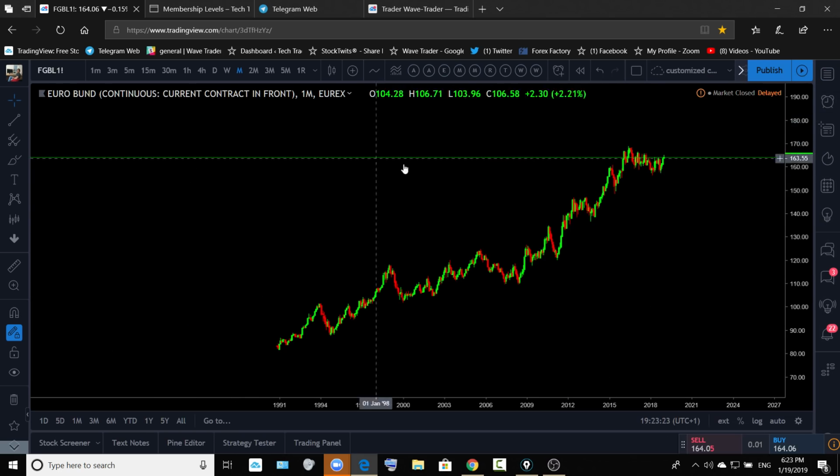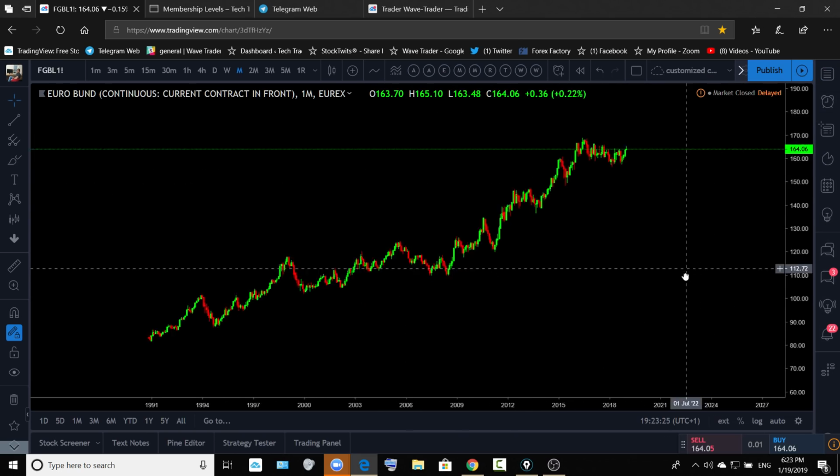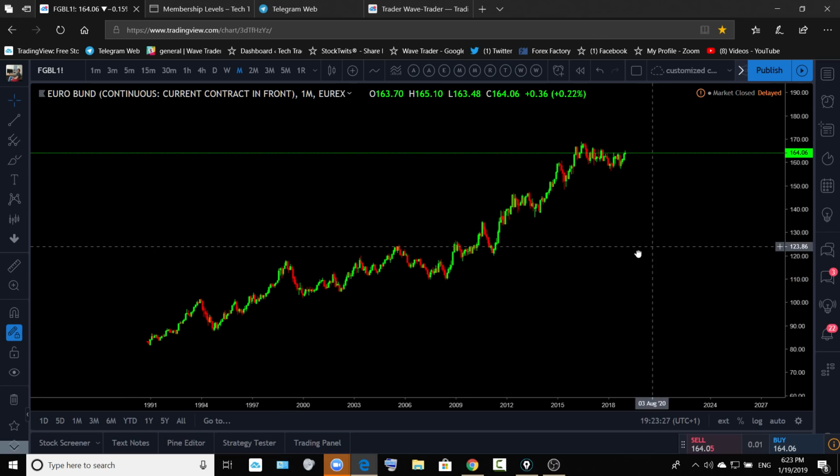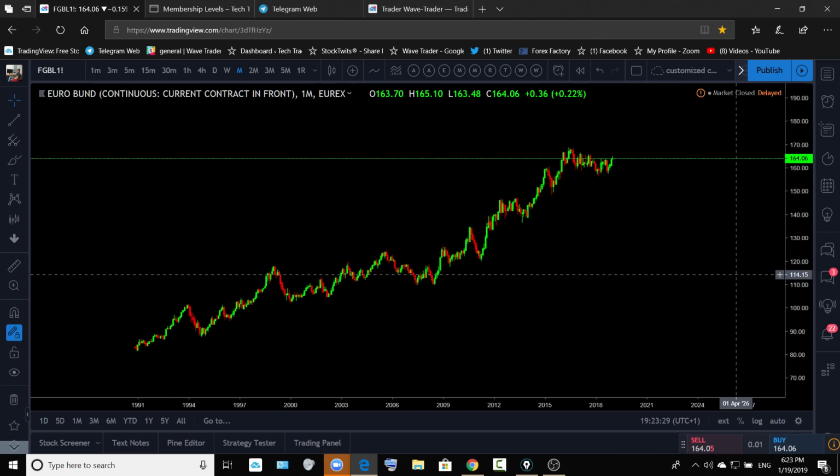So there is a clear trend on your monthly time frame. Just look at that. These are the corrections. There is a clear trend for upside. It is in a strong bullish trend.